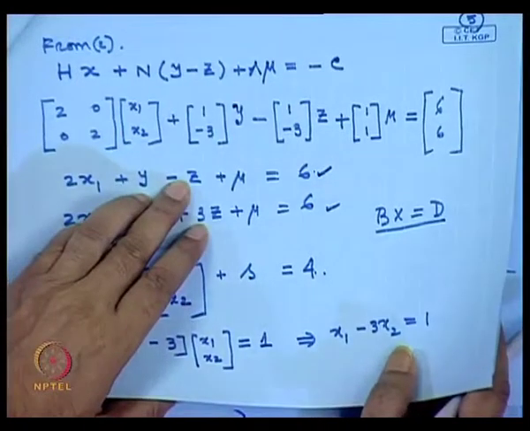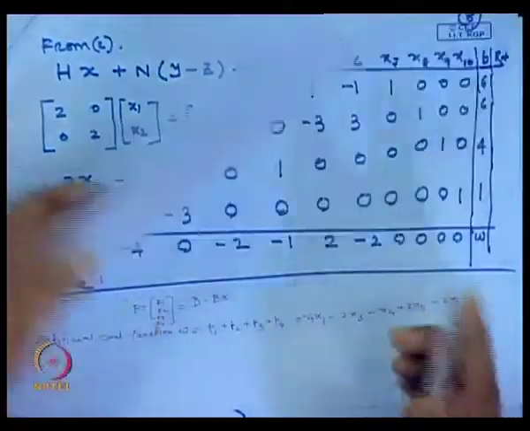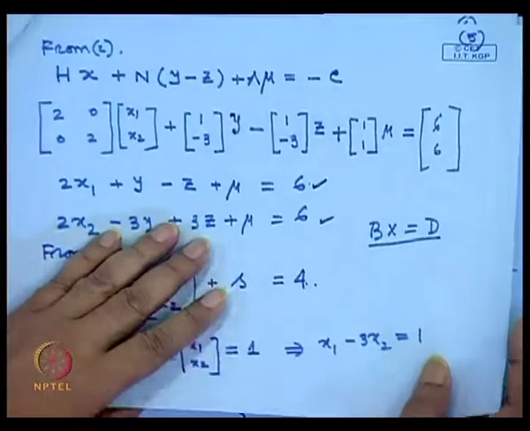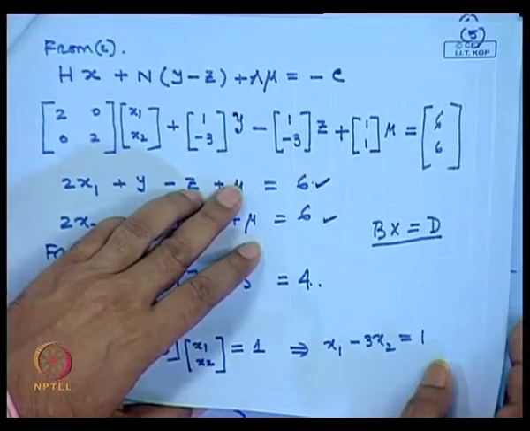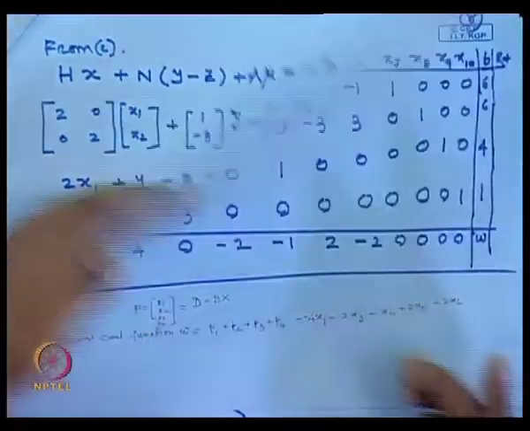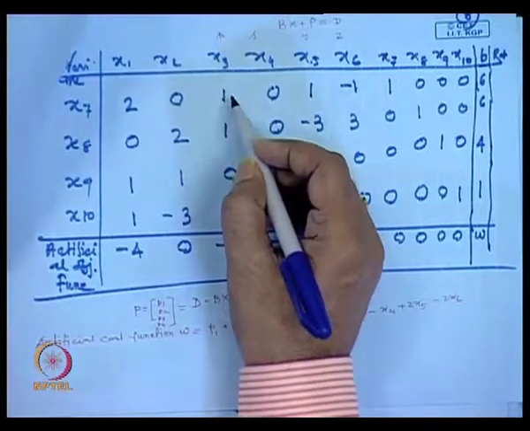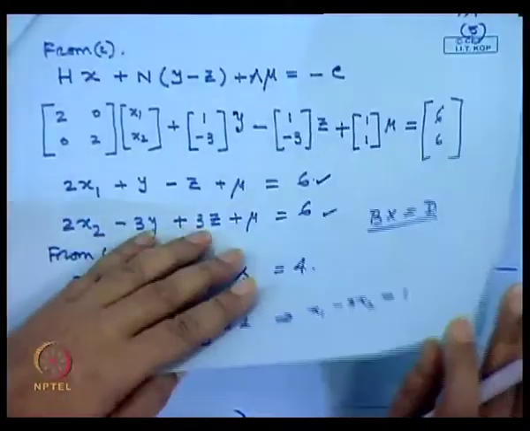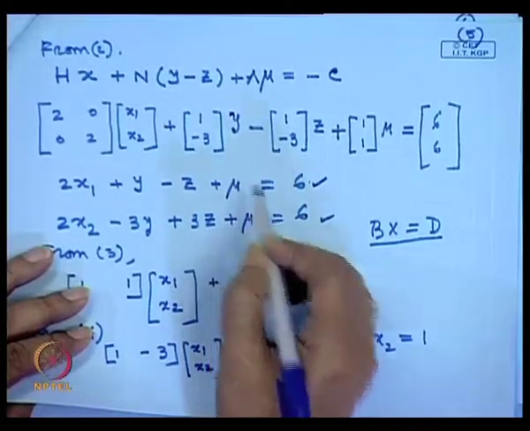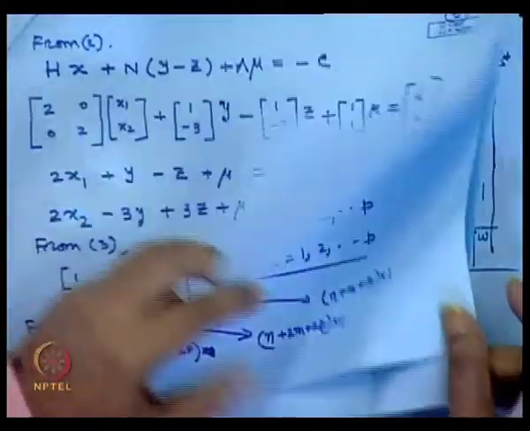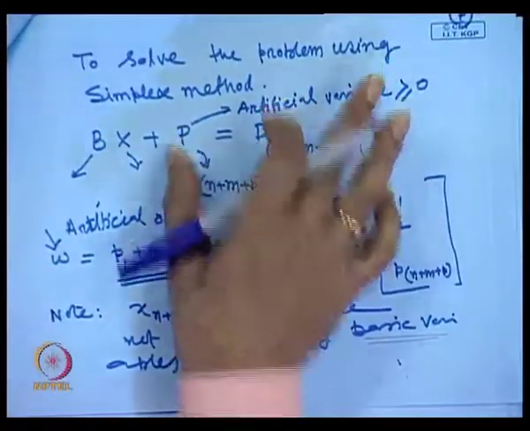Then z is x6, and that coefficient is minus 1. Then mu is defined as x3, and that coefficient is 1. The remaining coefficients are 0, except for the artificial variable p1.